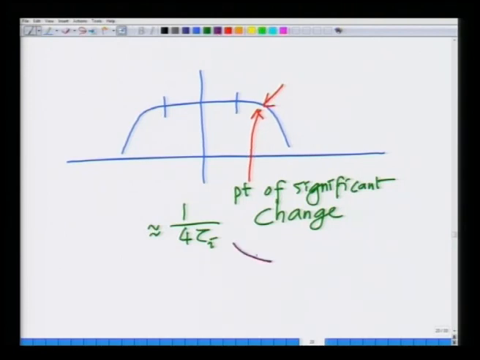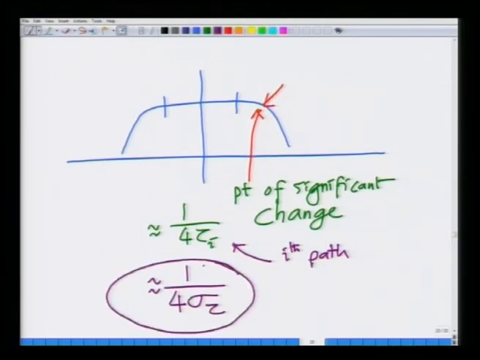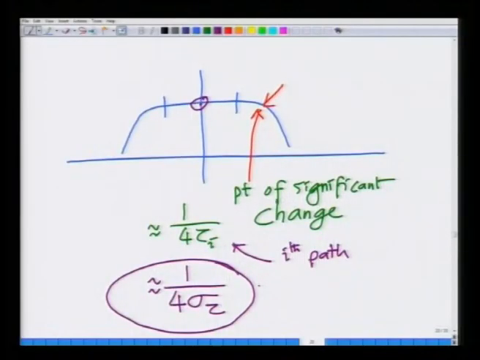If you look at all the paths on average, that can be said as approximately 1 over 4 sigma tau. This is the frequency where the frequency response is significantly different compared to the frequency response at 0. This can also be termed as the frequency of significant change.